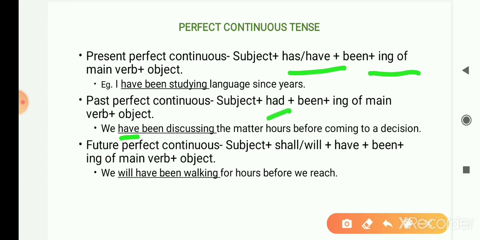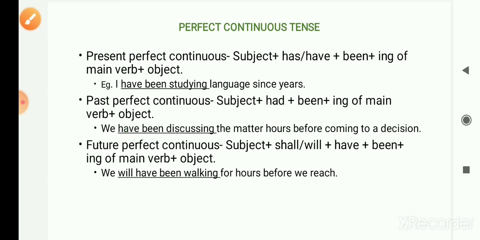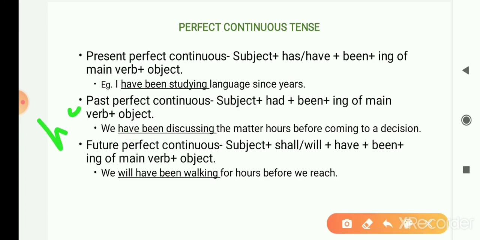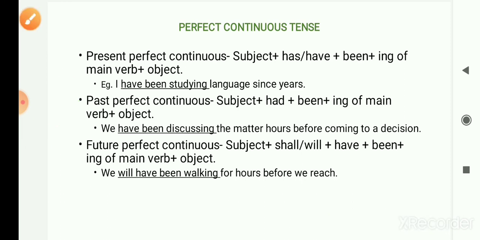It is contradicting. Yes, so this is wrong, and it has to be had. So it should be we had been discussing the matter for hours before coming to a decision.